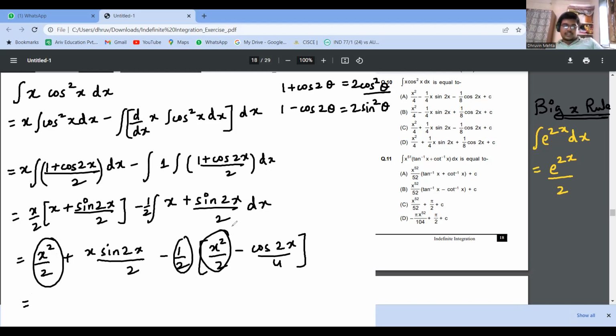Risham, Muskan, half into x square by 2 is x square by 4. When we subtract x square by 2 minus x square by 4, it becomes x square by 4. So x square by 4 plus x sin 2x by 2 minus 1 by 8, plus becomes this cos 2x. This will be the answer.